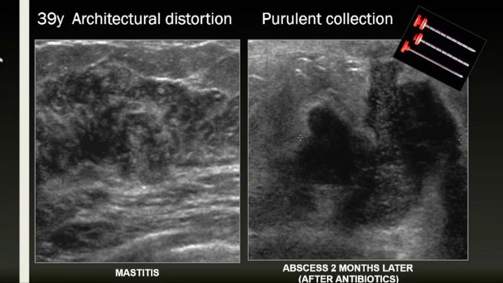And here's, again, the same thing on the left. Two months later, at the conclusion of the antibiotics, she thought things had resolved. But now we have a very large abscess collection with a lot of detritus within it and surrounding response. These are what you might use to introduce, if you use an introducer for a breast biopsy needle.